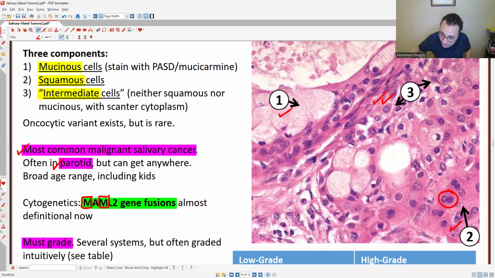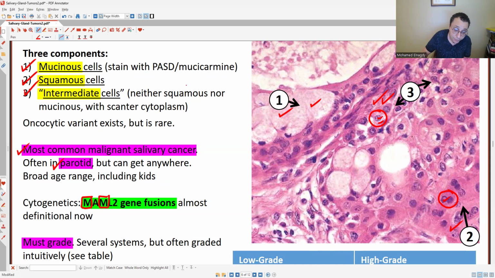Because see, this cell, for example, has the nuclear features of the squamous cells, but it has clear cytoplasm and mucinous cytoplasm like the mucinous cells. It has the clear cytoplasm which looks like this, but the nucleus looks like this. So that's why they call it intermediate cells. So that's why we say that for mucoepidermoid carcinoma, you remember muco for mucinous cells, epidermoid for squamous cells, and then there are intermediate cells in between, and that's what you see.